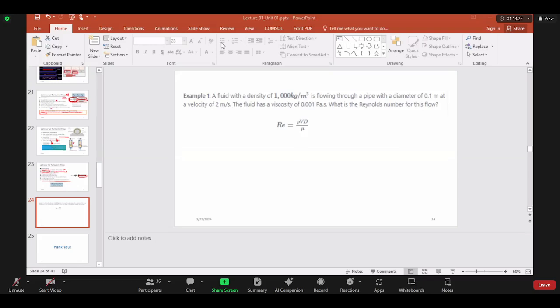Please drop your answer. Reynolds number 0.2... 2 lakhs... 20,000.